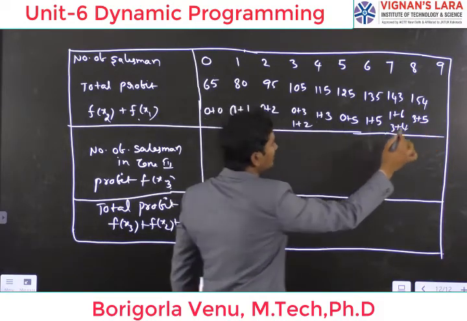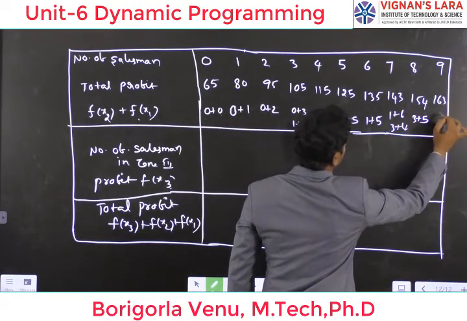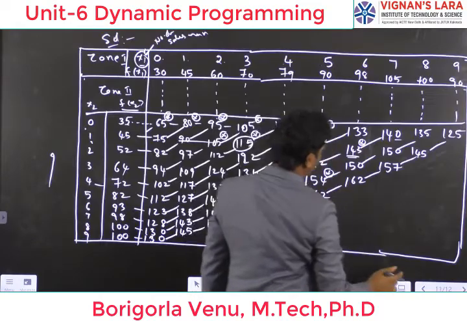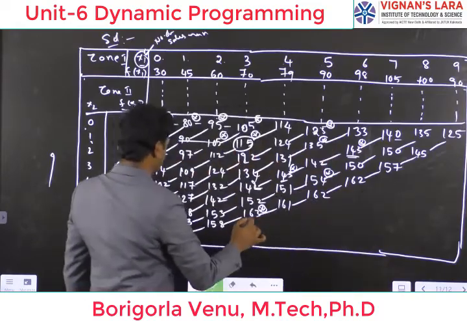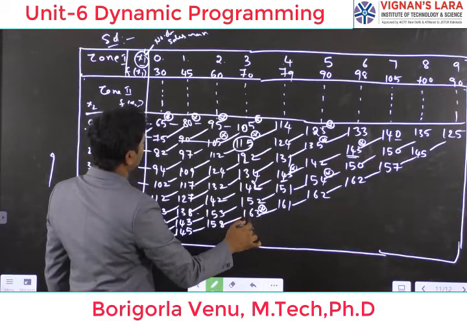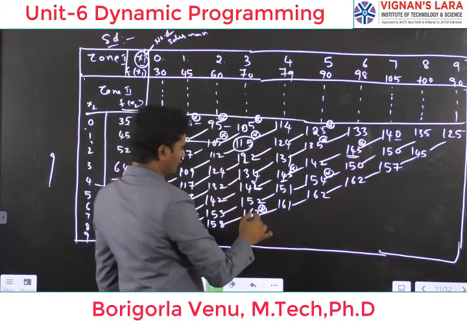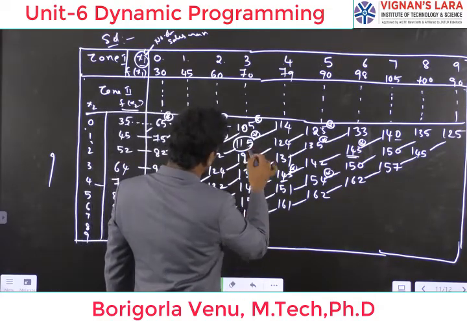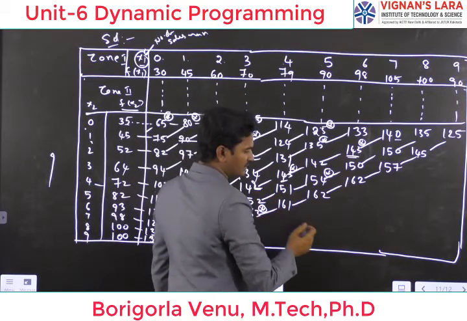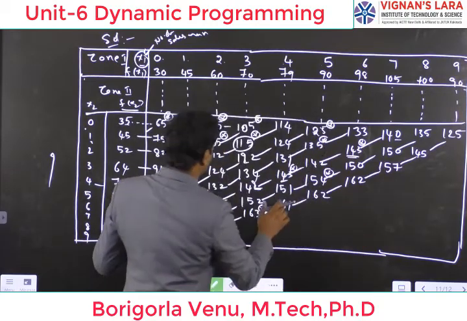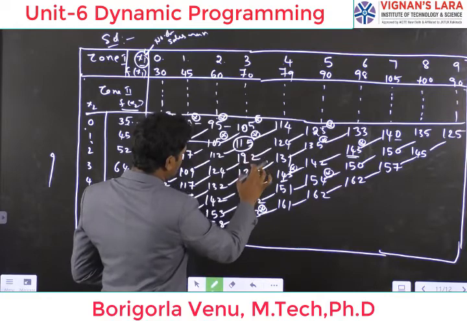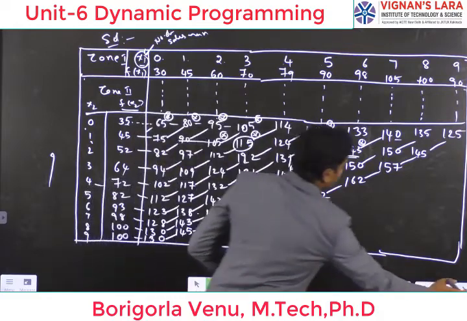Similarly, the ninth one is 163, that is 1 plus 3. The last one is 6 plus 3.